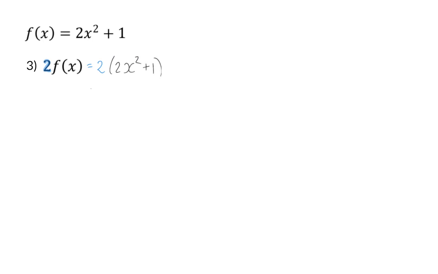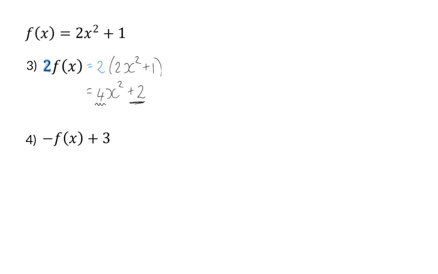And once you've done that, you will have 4x squared plus 2. The 4 shows you that the a value increased and the arms of the parabola moved closer to each other. The 2 indicates that the graph moved up one more unit. So instead of describing this transformation to you in words, it can also be indicated using function notation.